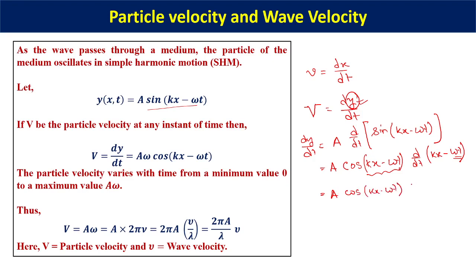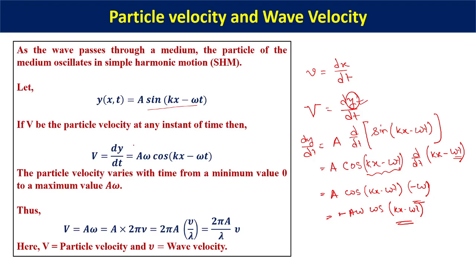I remain with a negative sign. If I differentiate, I remain with a minus omega term, so it gives me minus a omega cos of kx minus omega t.